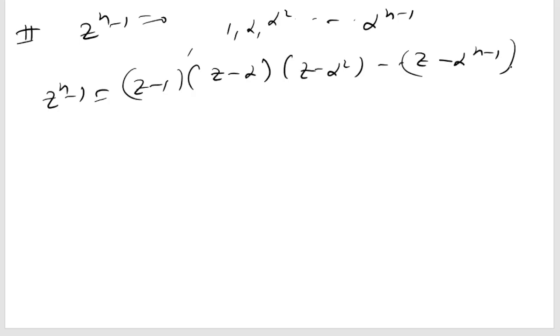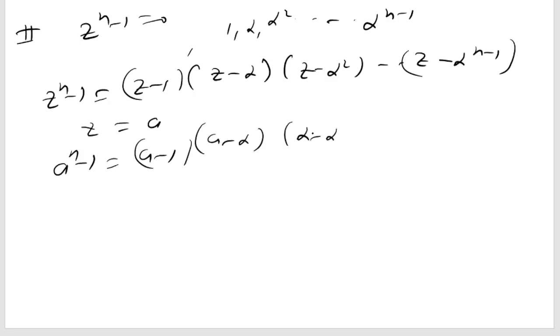Now this is valid for whatever you substitute. Let z be equal to a. So we get a to the power n minus 1 equals (a minus 1)(a minus alpha)(a minus alpha square) up to (a minus alpha to the power n minus 1). It is satisfied for any value of a.